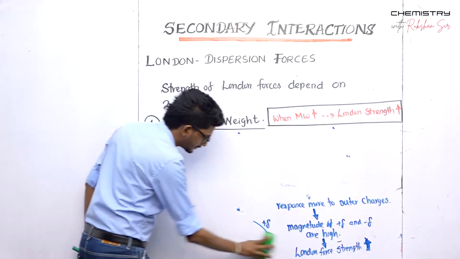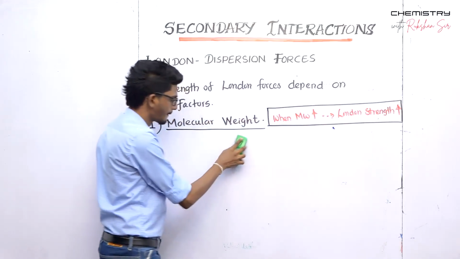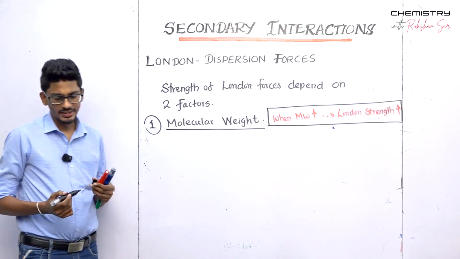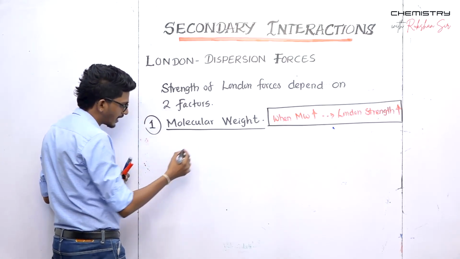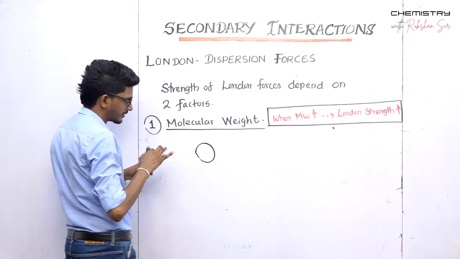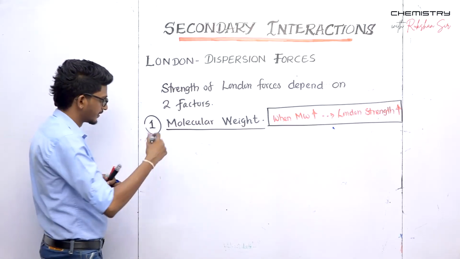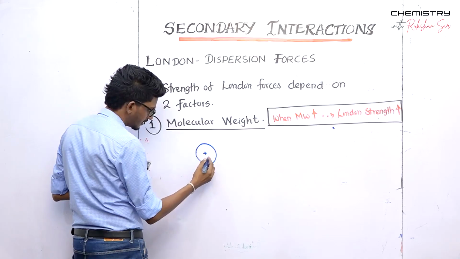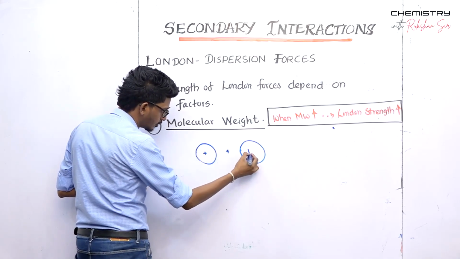See this example. Let's compare these two, neon and argon. Neon is a smaller species, two neon molecules.